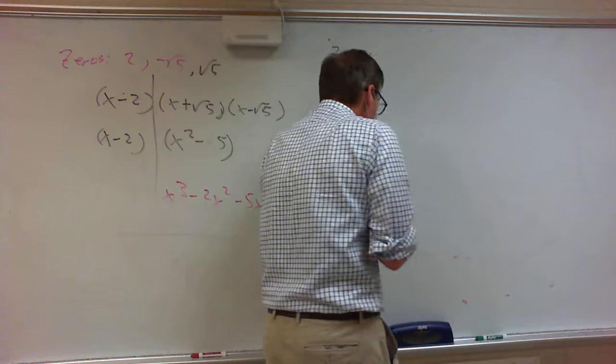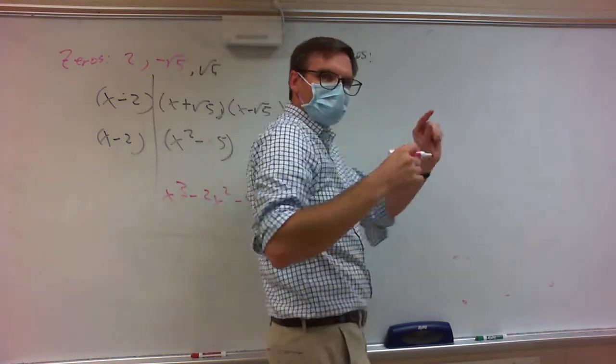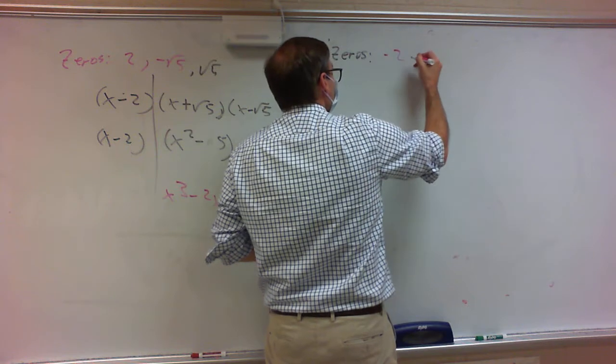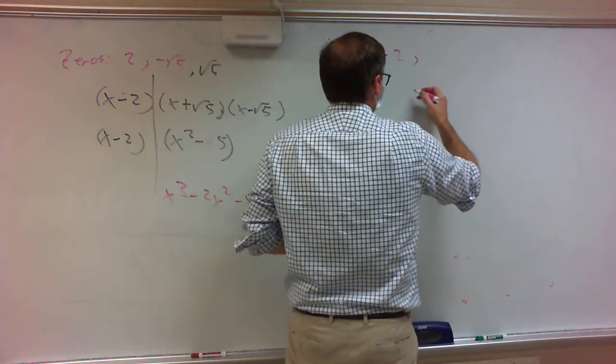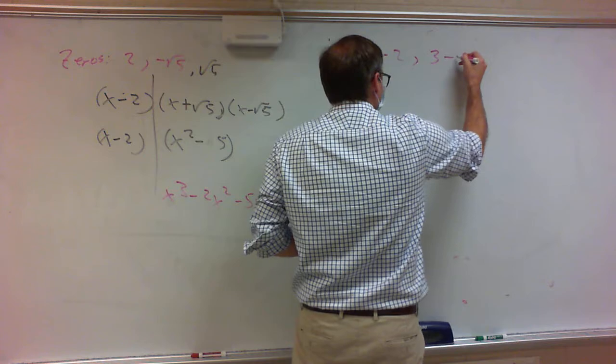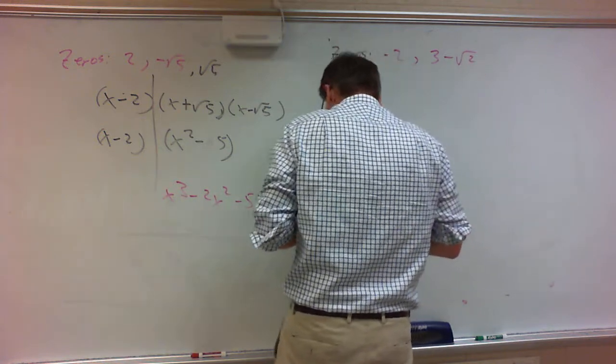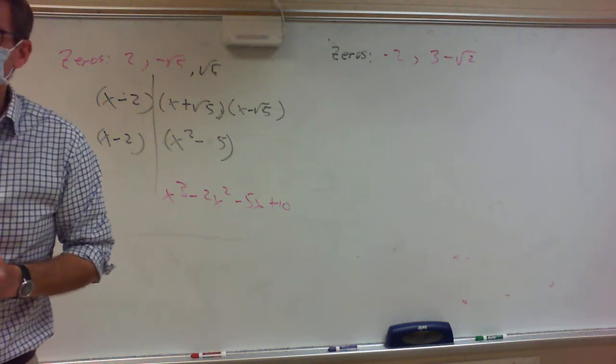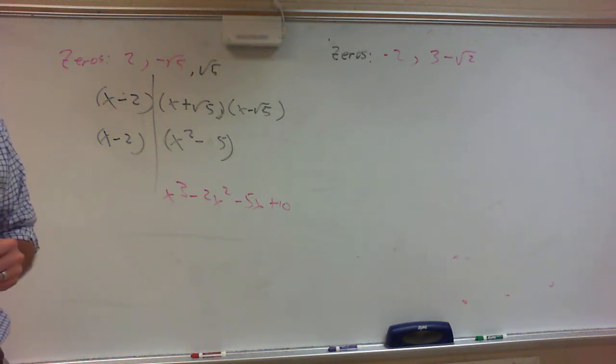So what if we wrap it up a little bit? What if I want zeros at negative 2 and 3 minus the square root of 2? All right.